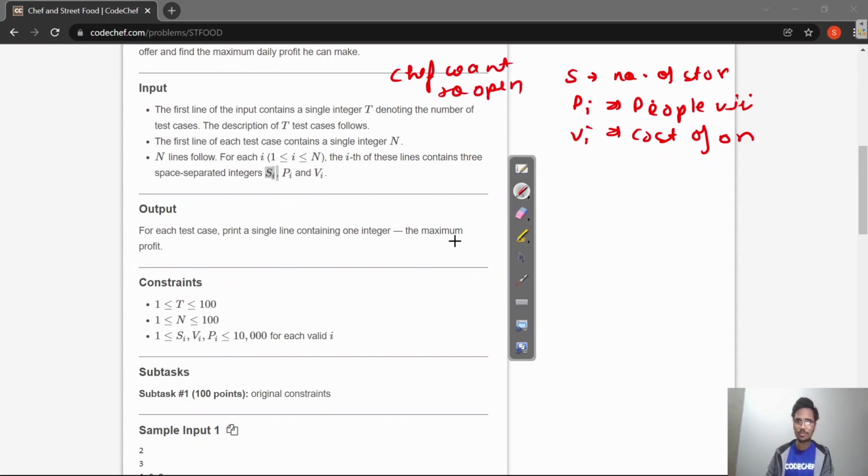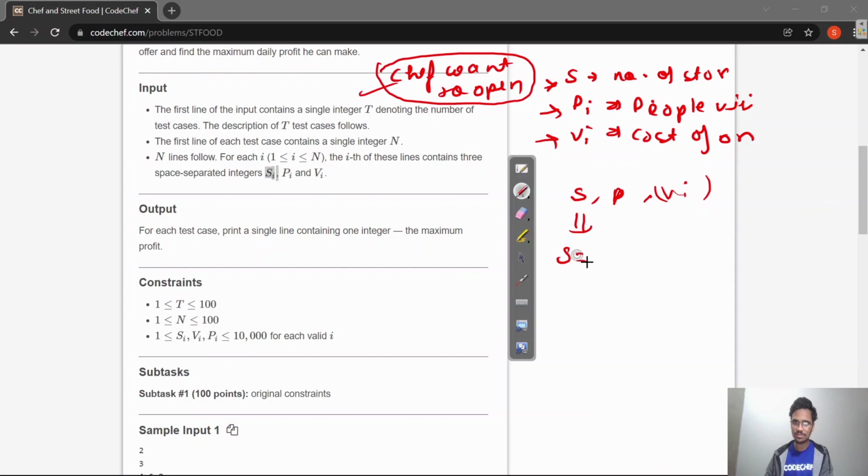So suppose we think about a particular store, particular people and a particular cost. Suppose there are S stores and P people visiting there, and V is the cost. If Chef wants to open a store, then how many stores will there be after opening it? The number of stores will be incremented by 1, so S' equals S plus 1. Now we have S' stores and P persons, and V is the value.